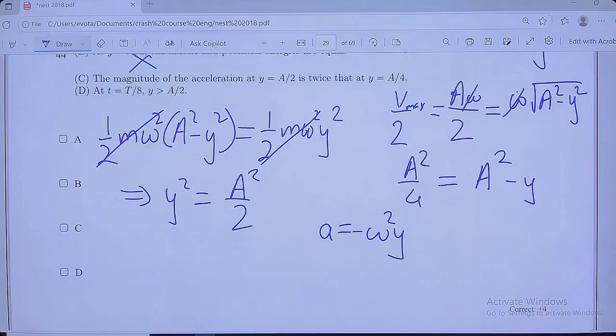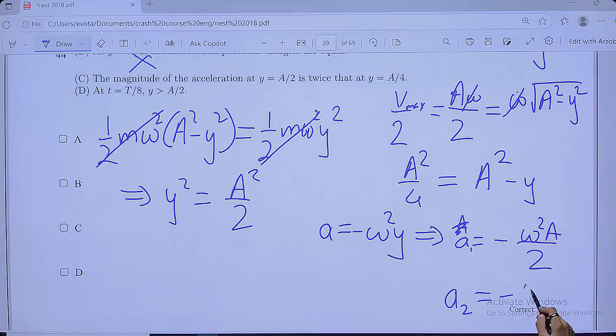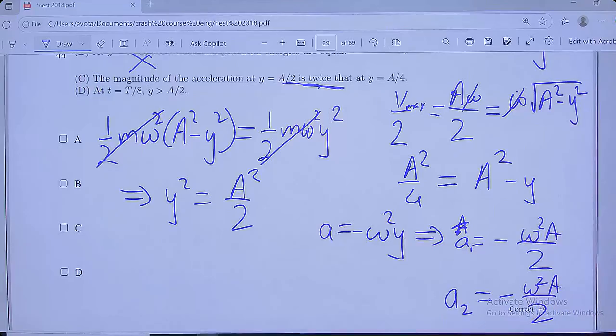So when acceleration is a by 2, that basically means, let's compare, acceleration a1 at y equal to a by 2 will be minus of omega square into a upon 2, and acceleration a2 at a by 4 we can calculate as minus omega square into a by 4. We can clearly see a1 is equal to twice a2. So option C is also correct.